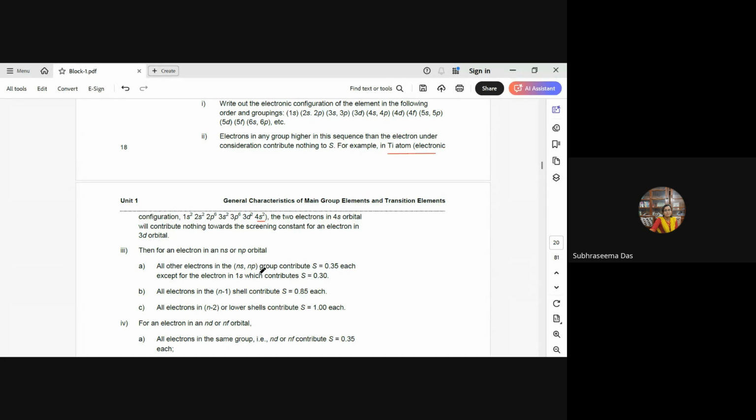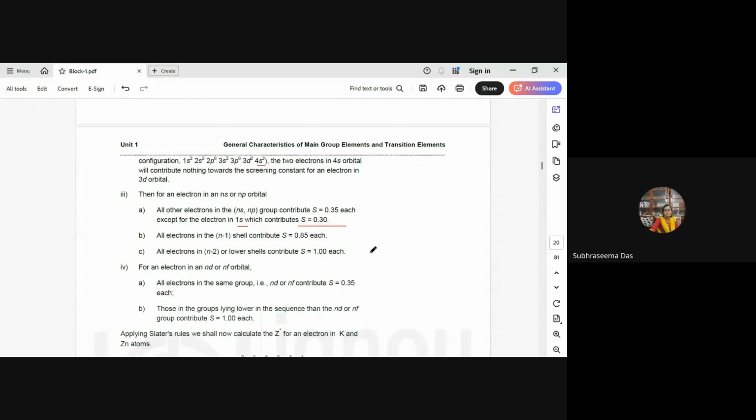Now we calculate the contribution of the electrons that are present in ns or np orbitals. All other electrons in the same group contribute S equal to 0.35 each, except for 1s, which contributes S equal to 0.30.